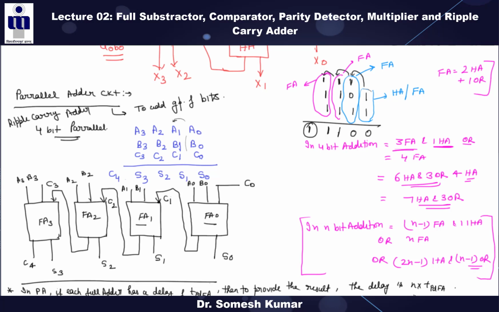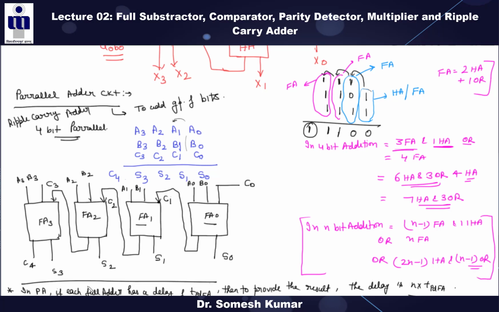So that's why this delay is multiplied each time, and that's why it is also called the ripple carry adder. Clear? This is the condition when each full adder has the same delay.